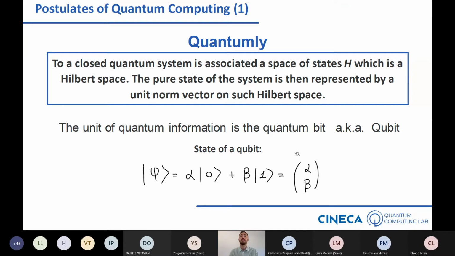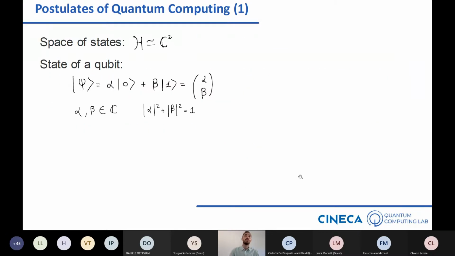So the state of a qubit looks like this: a linear combination of the bit states, with complex coefficients. So alpha and beta are complex. The space of states in the case of a qubit is C2, of course, because alpha and beta are complex.